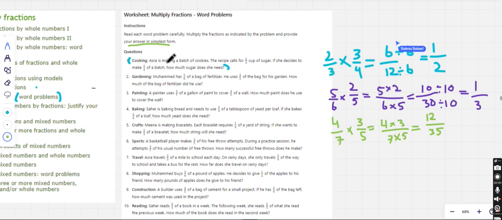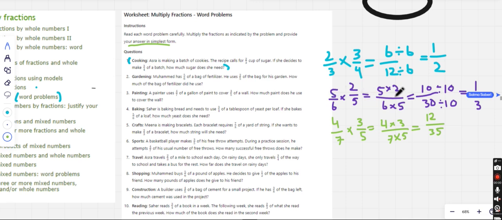Understand? Similarly, in the second word problem, Muhammad has 5 out of 6 of a bag of fertilizer. He used 2 out of 5 of the bag for his garden. How much of the bag of fertilizer did he use? We multiply 5 out of 6 times 2 out of 5.